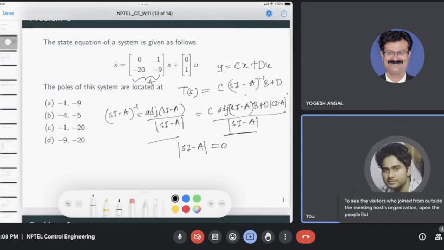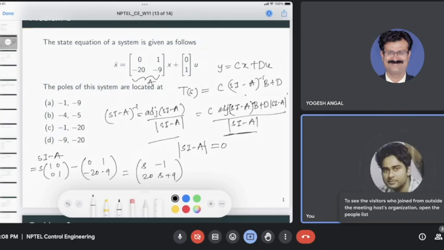we can compute this. sI minus A is s times the identity matrix minus A, where A is [0 1; minus 20 minus 9], so it is [s minus 1; 20 s plus 9].